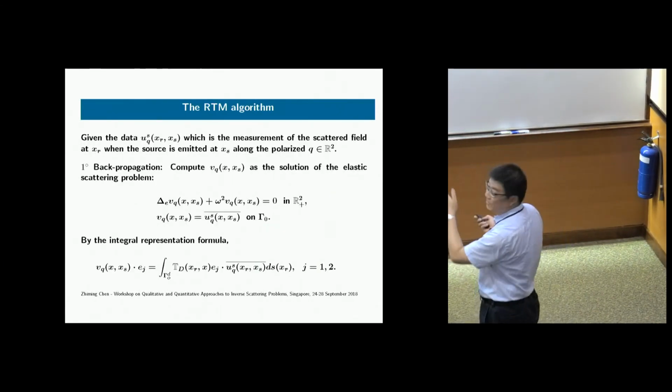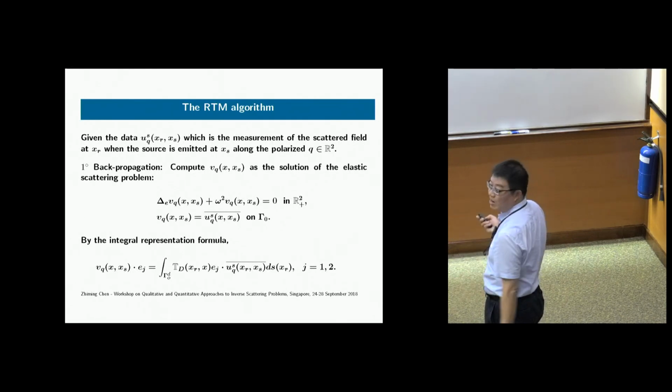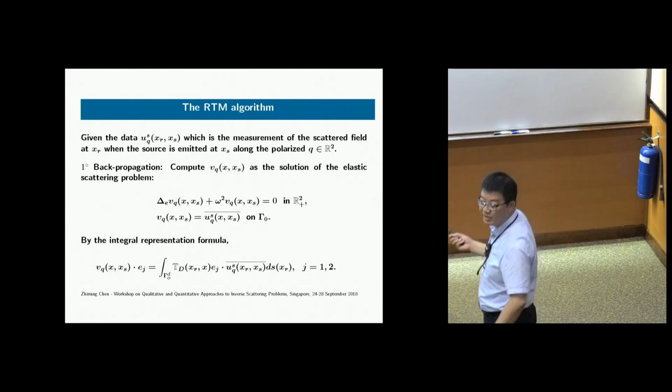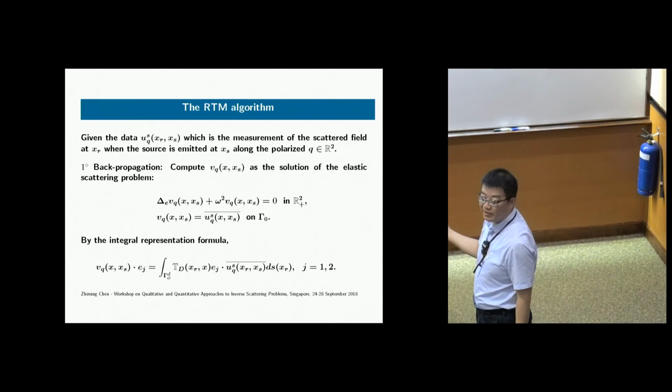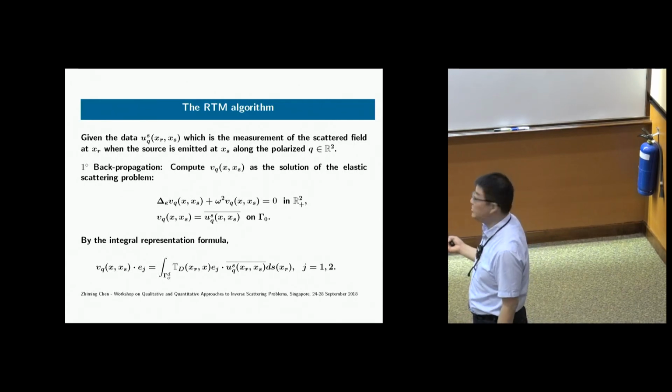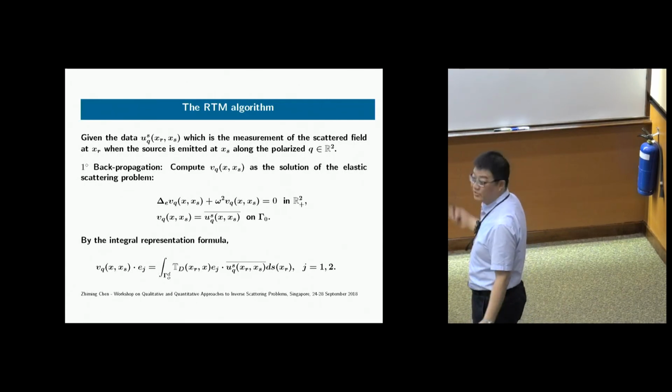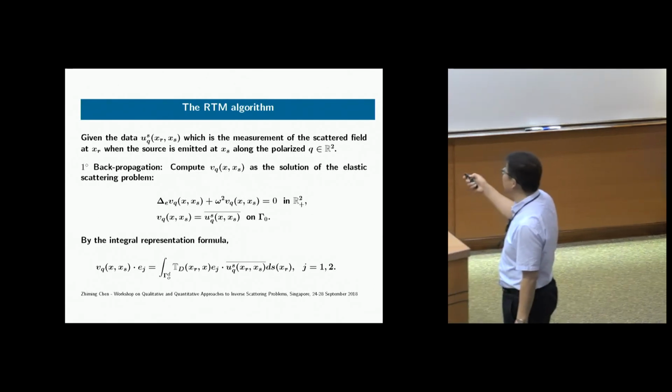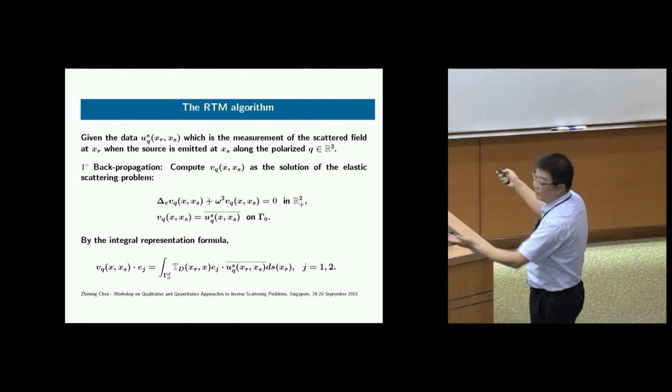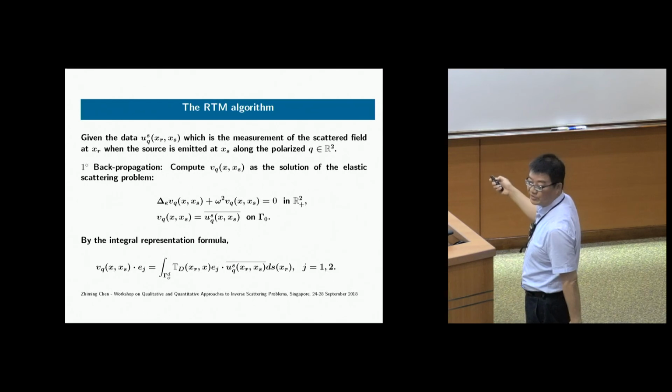Then the RTM algorithm: the idea is extremely clean and simple. I think it's a really nice idea, and it has a very good physical interpretation. You take the data as a boundary condition, you solve the equation, this back propagates the field, and then you take the product.